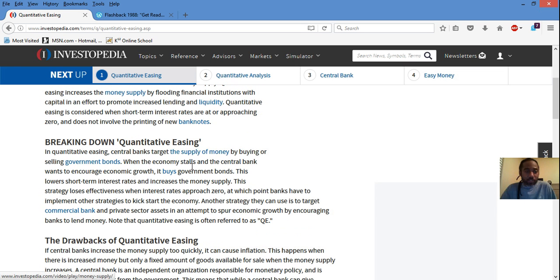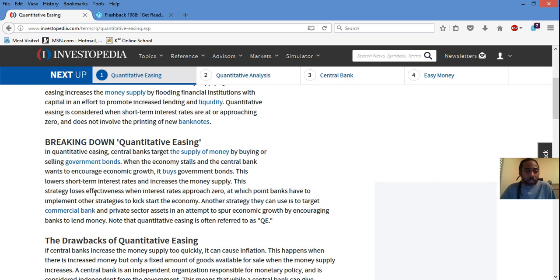Breakdown of quantitative easing. It says in quantitative easing, central banks target the supply of money by buying or selling government bonds. When the economy stalls and the central bank wants to encourage economic growth, it buys government bonds. This lowers short-term interest rates and increases the money supply.